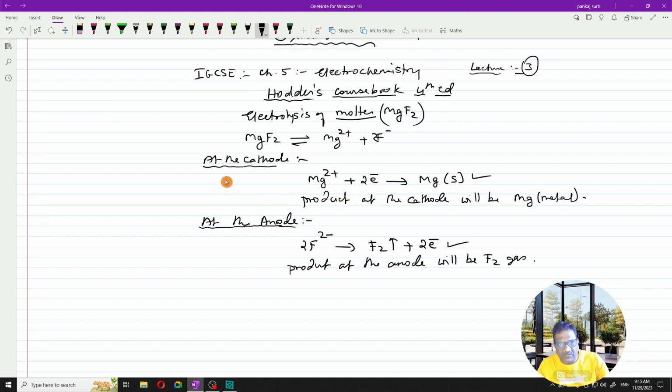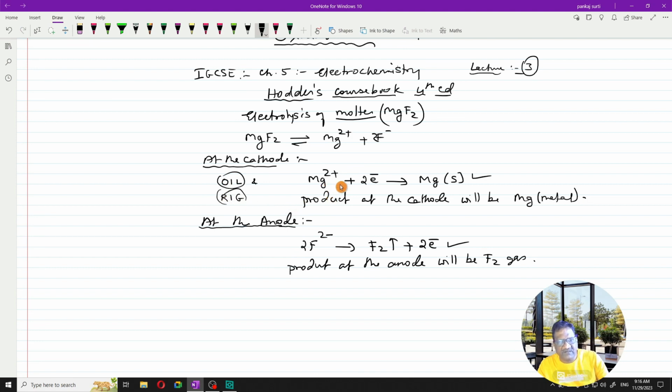You must have heard about this: oxidation is OIL. Oxidation is loss of electrons, and reduction is gain of electrons. So OIL stands for oxidation is loss, and RIG stands for reduction is gain. Now you have to make use of this.